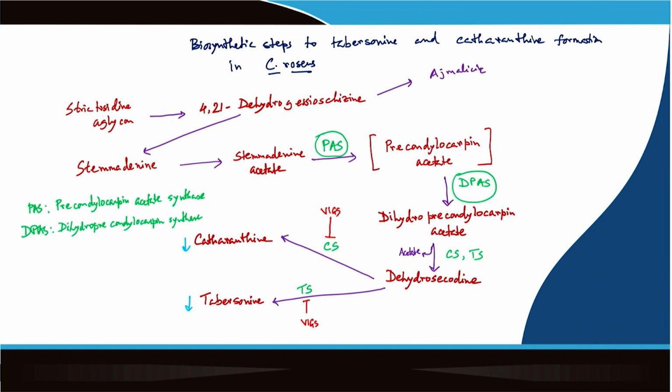Now, another thing what they have done in order to confirm this function of these enzymes. So, they reconstituted this tabersonine and catharanthine pathway in Nicotiana benthamiana.